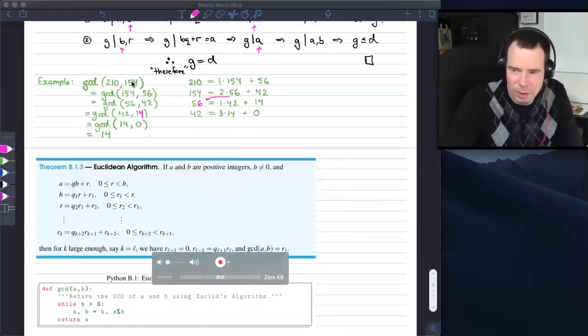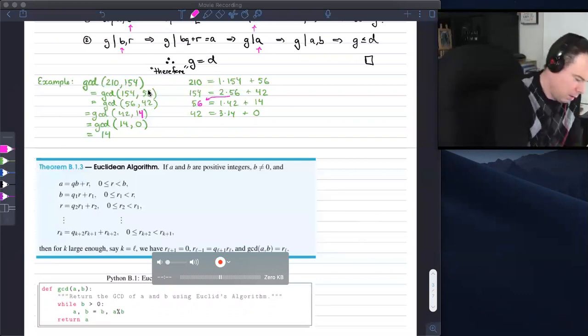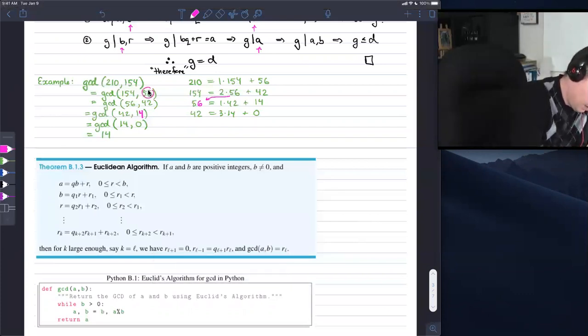Each time we did a division, we started with 154 as our B value, divided that into A, and then took the remainder. That remainder has to be smaller than 154, because if it wasn't, then 154 could go more times into 210. So this number has to be smaller than this one. These things have to decrease, and they have to keep decreasing, getting smaller and smaller.